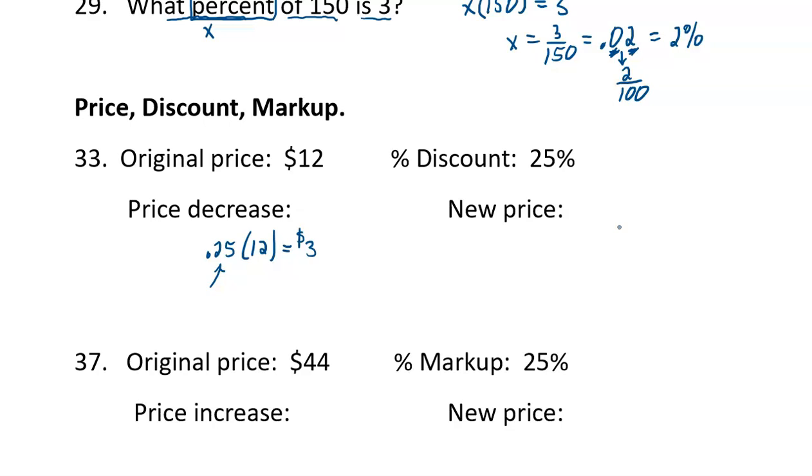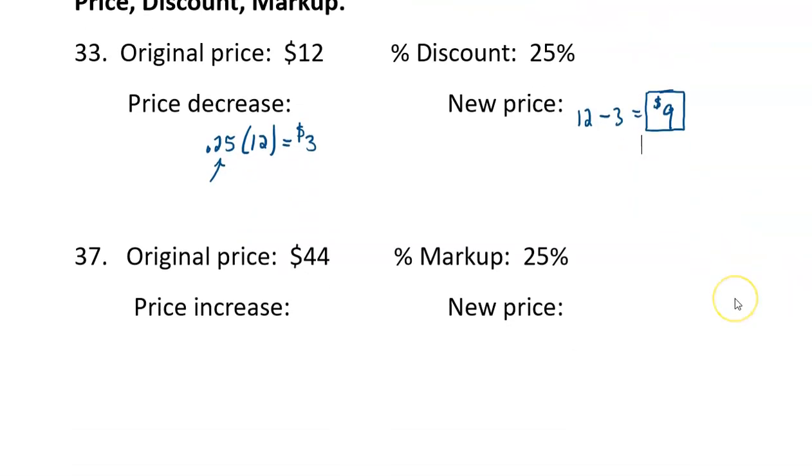Now, what's the new price? The original price was $12. It's on sale for $3 off, and so the new price is $9. Now, number 37. There's some item, it's originally priced for $44, but it's marked up 25%.